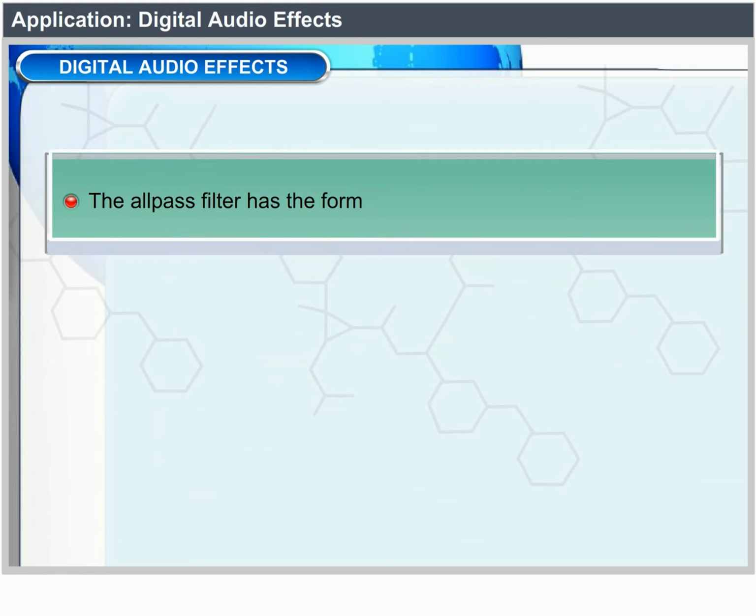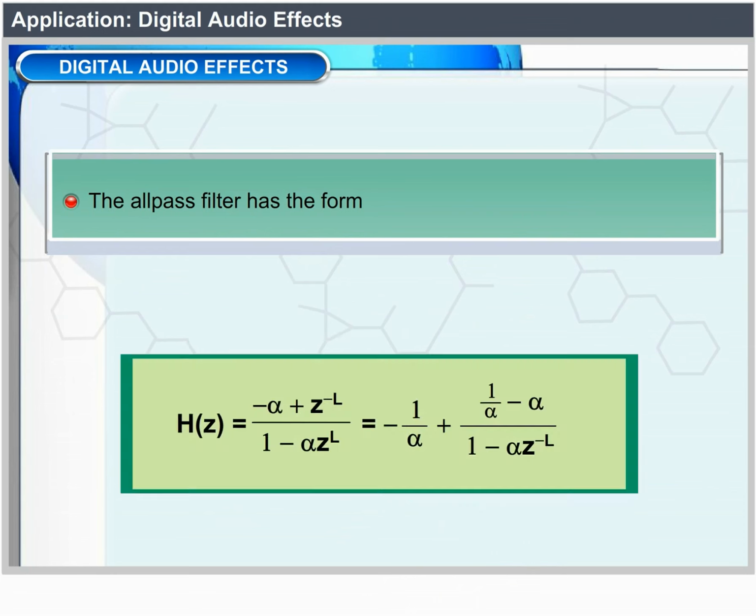The all-pass filter has the form H(z) = (-alpha + z^(-L)) / (1 - alpha z^(-L)) = -1/alpha + (1/alpha - alpha) / (1 - alpha z^(-L)).